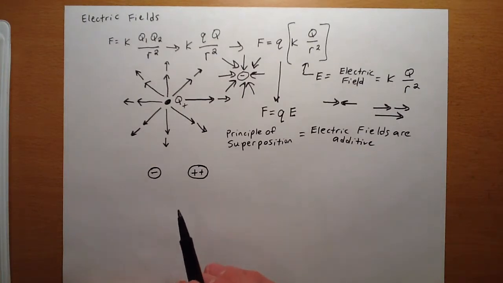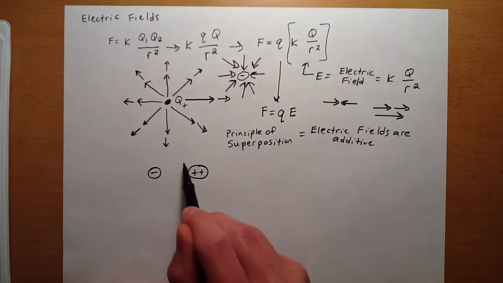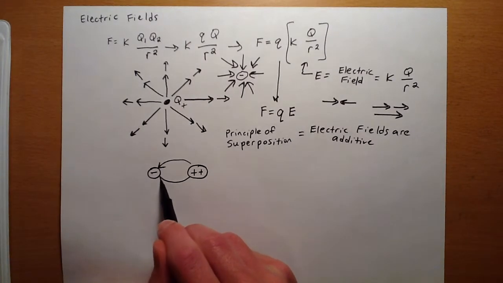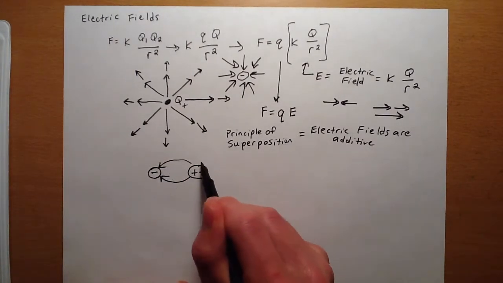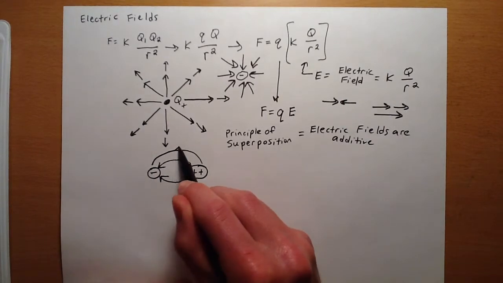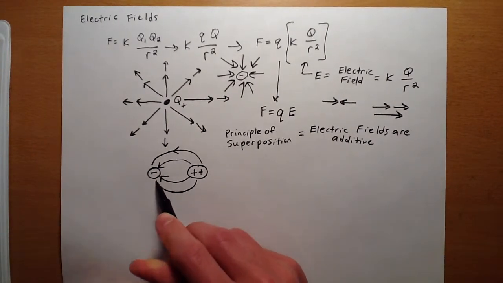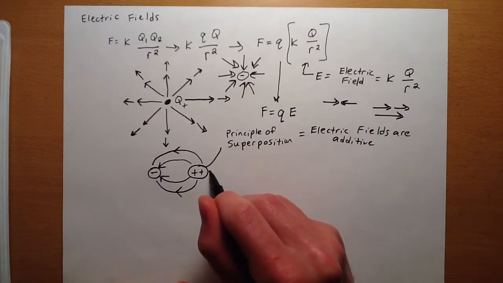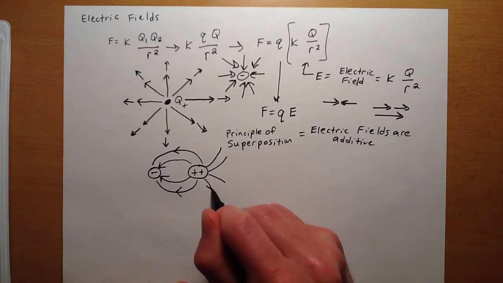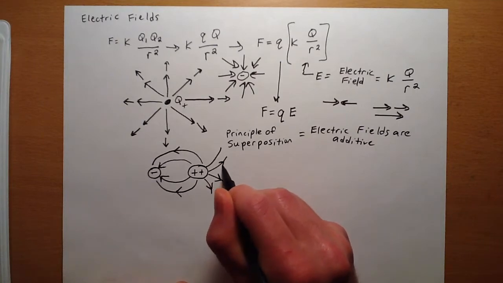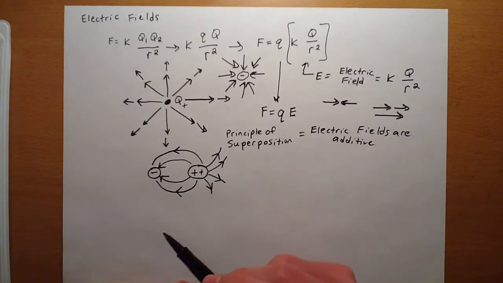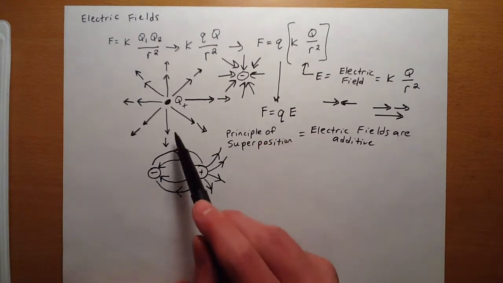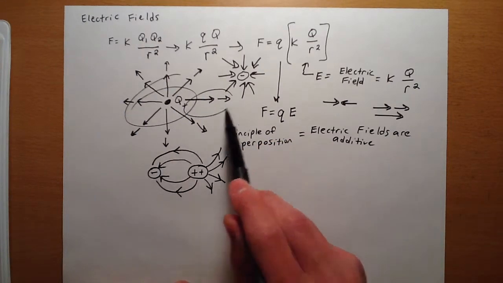And we're going to draw the electric field for these two objects together. As you can see, the arrows are going out of the positive object and they go into the negative object, which I represented here and here.